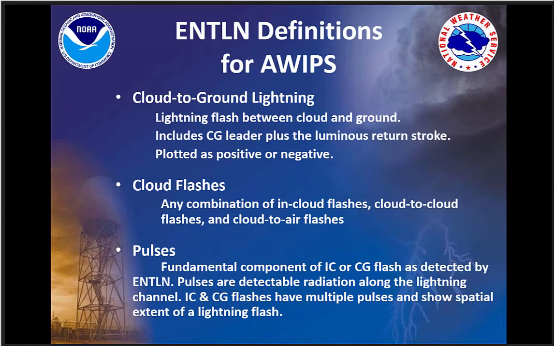And then the pulses are the fundamental component of the lightning data set. The pulses are grouped by Earth Networks into cloud flashes. So you have the most detections are pulses, and then those get grouped into a smaller number of cloud flashes, and they also calculate the CGs.